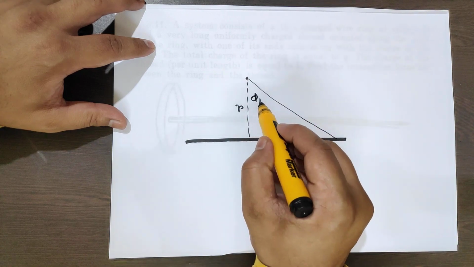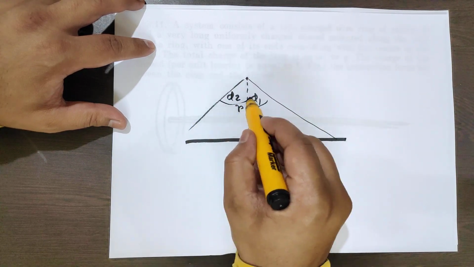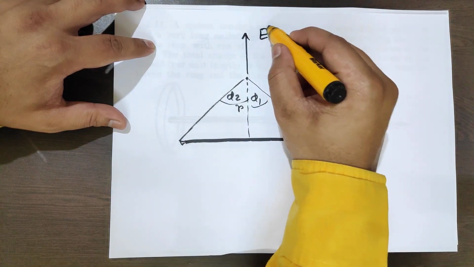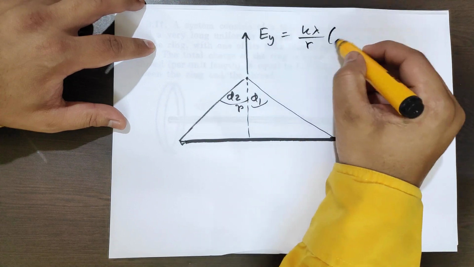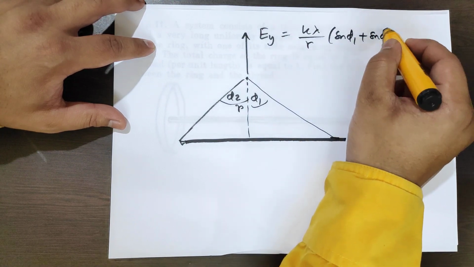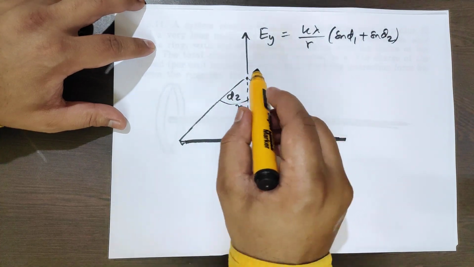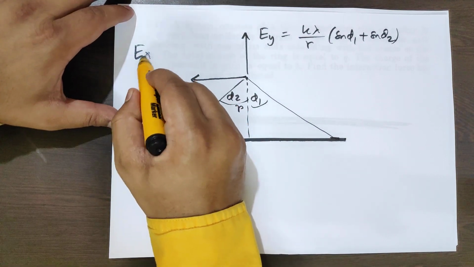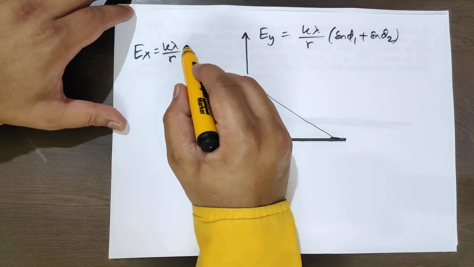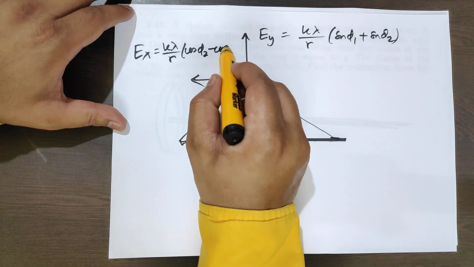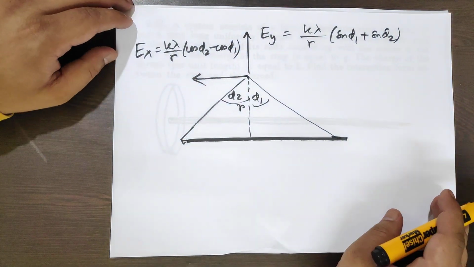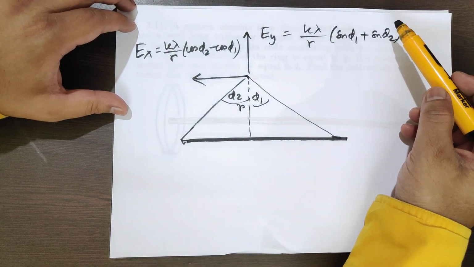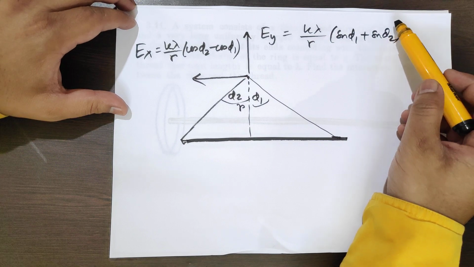If these angles are phi 1 and phi 2, then Ey is equal to k lambda by r times (sin phi 1 plus sin phi 2), and Ex is equal to k lambda by r times (cos phi 2 minus cos phi 1). Or you can remember only Ey, that will do.